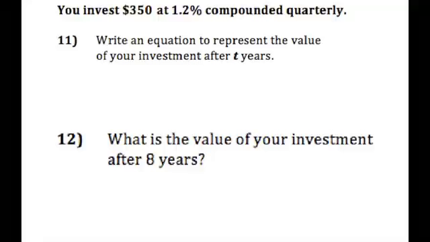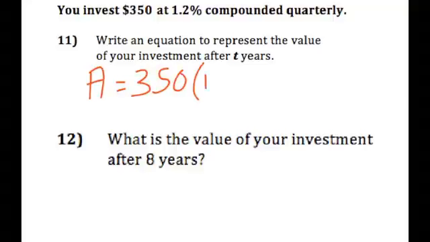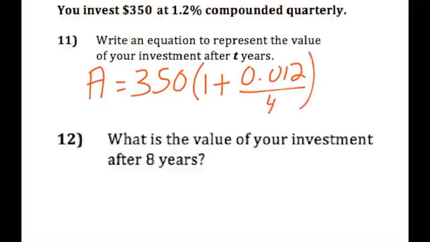Okay, our equation should be A equals 350 parenthesis 1 plus 0.012 divided by 4, since it's compounded quarterly, we're dividing by 4, to the power of 4t.